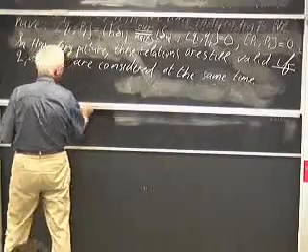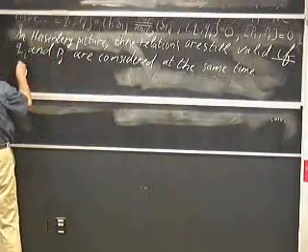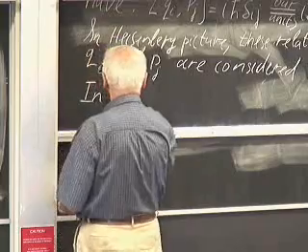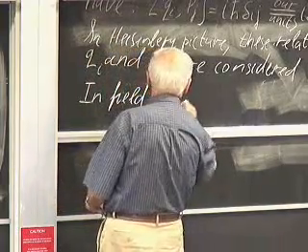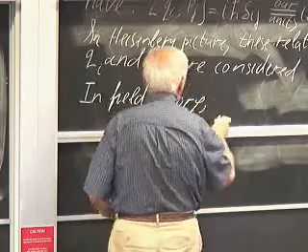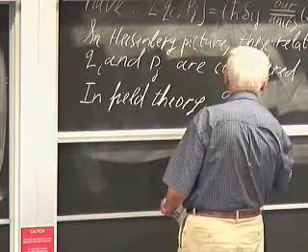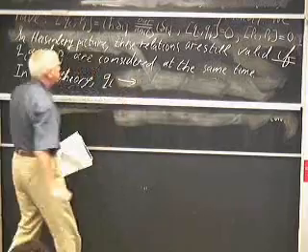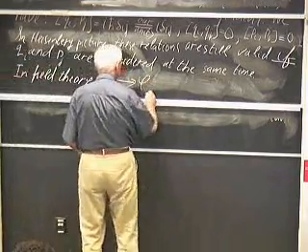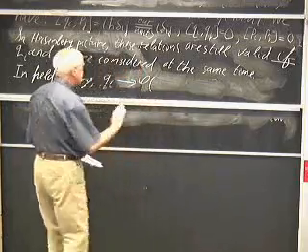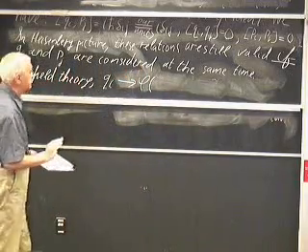Now go to field theory. In field theory, Q_i is replaced by the field, right? So let's consider the Schrödinger picture.